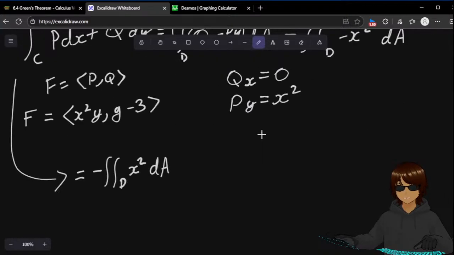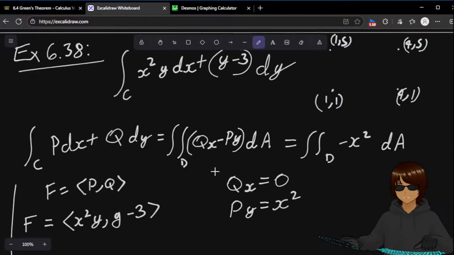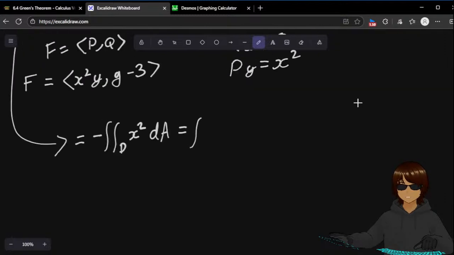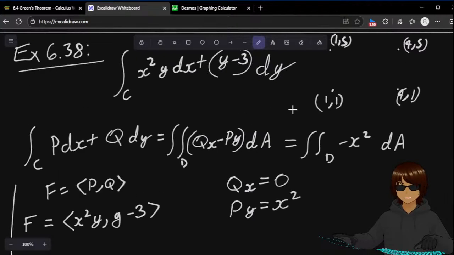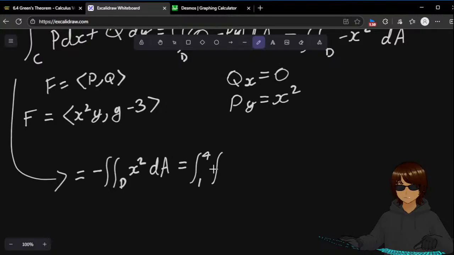So we should integrate the y aspect first, and then x. X goes from 1 to 4, y goes from 1 to 5.